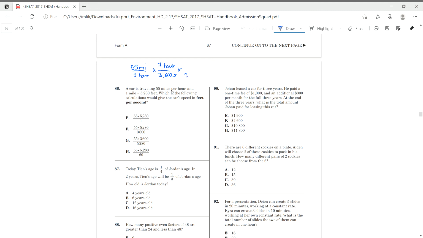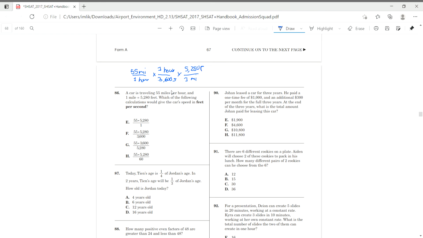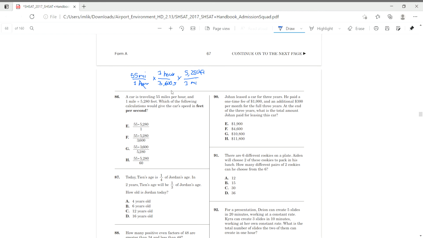So we'll write 1 mile in the denominator over 5,280 feet as our numerator. So if we run this, hours and hours are going to cancel. Miles and miles are going to cancel. We're going to be left with feet per second. We multiply this out. We get 55 times 5,280 divided by 3,600, which is F.